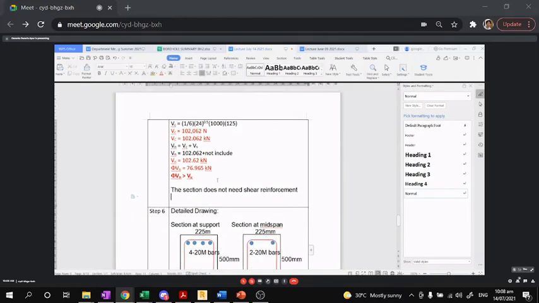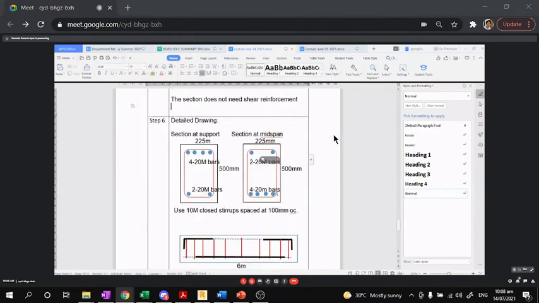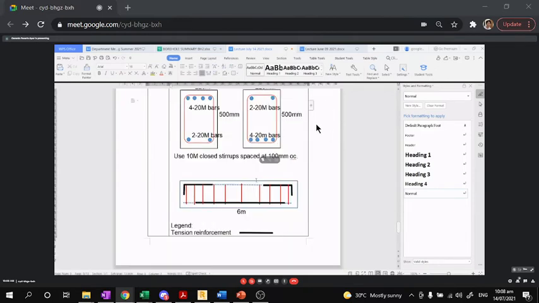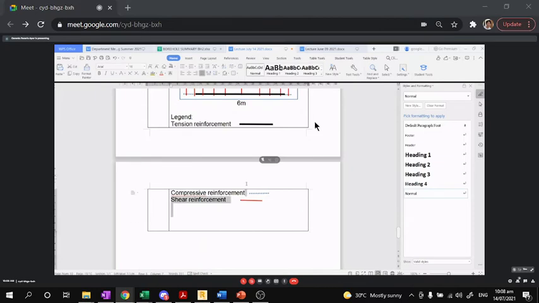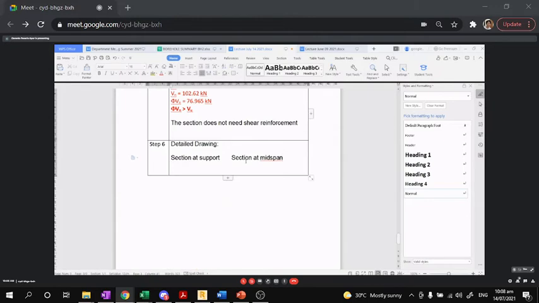Okay. So in our detailed drawing, the section per meter will look like this in our detailed section. So section at support, this will be the one cut. So the section at midspan will be for the next. So the detailed drawing is like this.